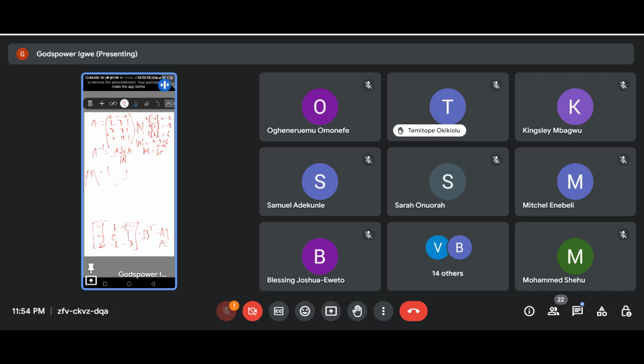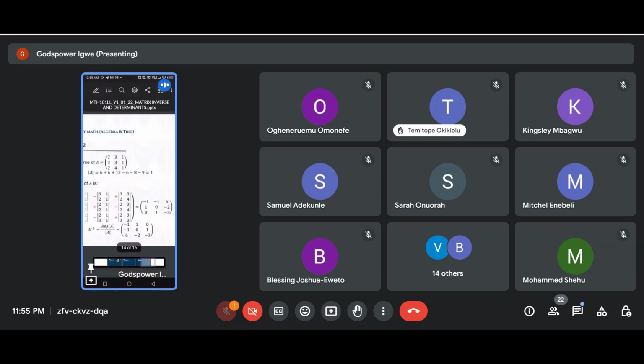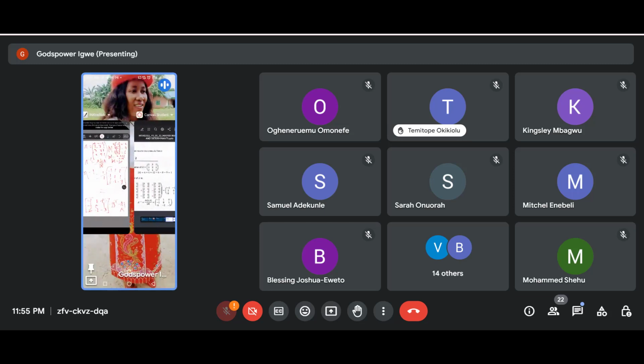Our A inverse is 1 all over the determinant, bracket of minus 1, 1, 0, minus 1, 0, 1, 6, minus 2, minus 3, all the way. So this becomes our answer. Let's check. Minus 1, 1, 0, minus 1, 0, 1, 6, minus 2, minus 3. Was it the same thing we got? Yeah, 6, minus 2, minus 3.